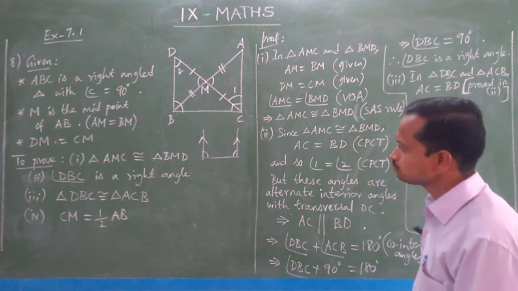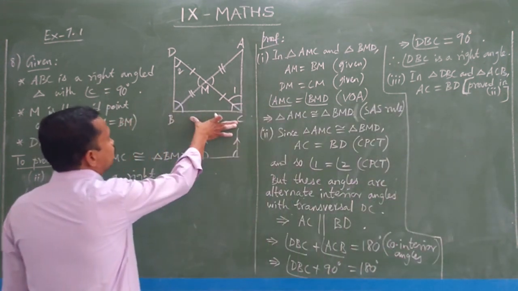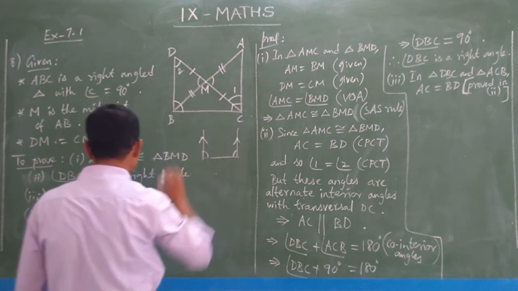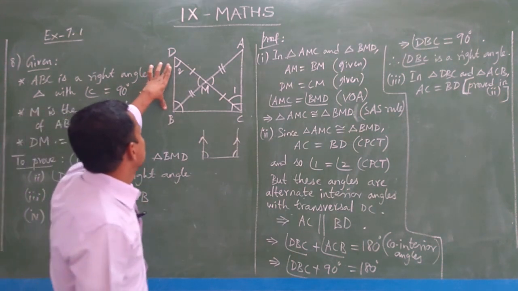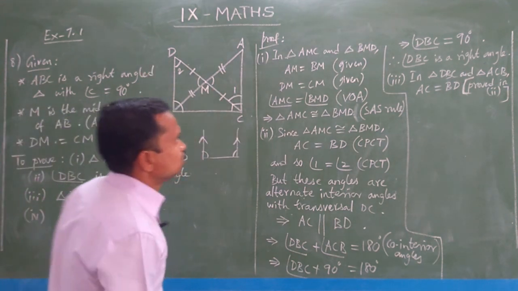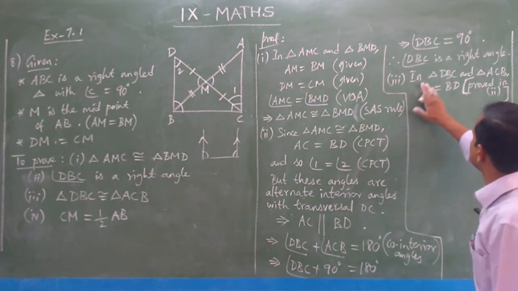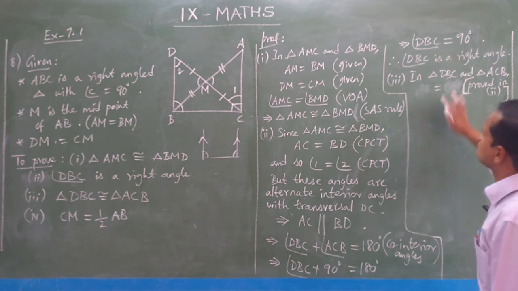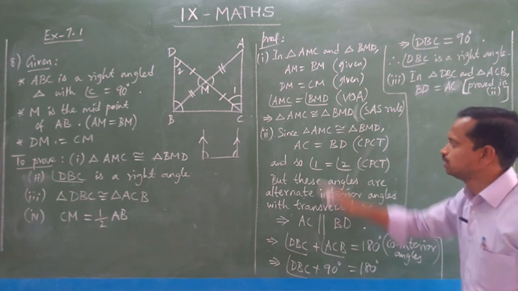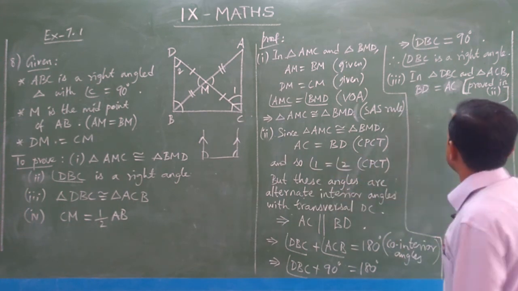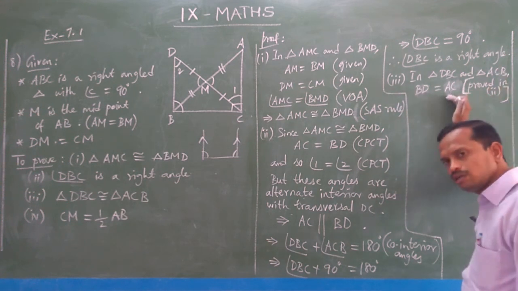And then in these two triangles, DBC and ACB, BC is common. First, BD and AC. I have made a mistake here. For DBC we have to write the first part here, so BD and AC. Both are equal, but we have to write from the first triangle the left side and from the second triangle the right side.